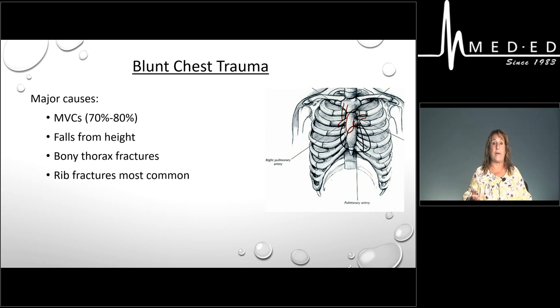And rib fractures are painful. We know that. They also make it hard to breathe in real deep, and so they can cause a lot of atelectasis and things like that. But one thing that we also need to keep in mind is that the fractured ribs can puncture lungs, but they might not puncture them right away. So if you get a patient that has been in some kind of blunt chest trauma and they fractured some ribs, they may go to the ICU for the first 24 hours first.